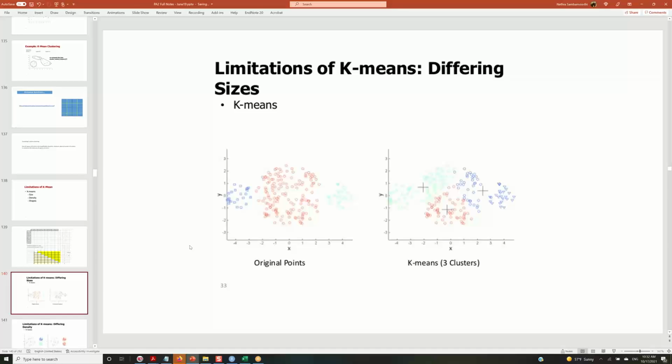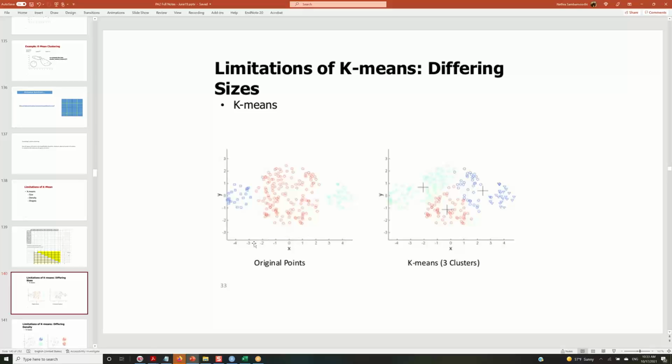If the sizes are too big, like this, with varying sizes, then k-means can be problematic. Because if you say 3, these points will be closer, these points will be closer, and these points will be a separate one, isn't it?